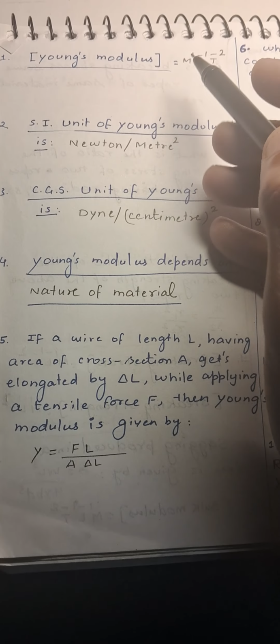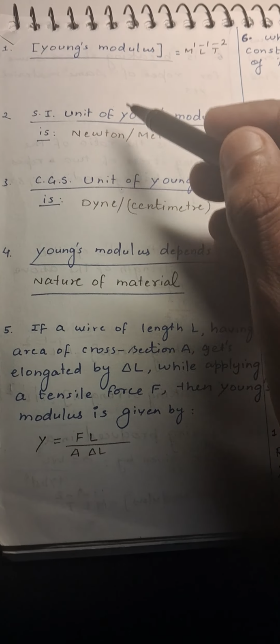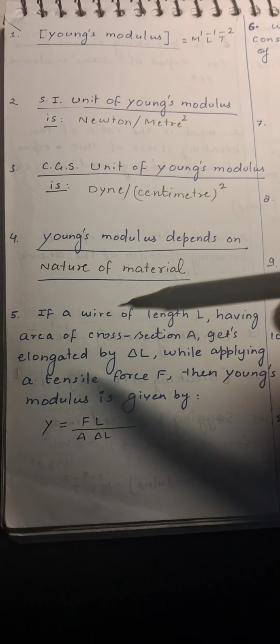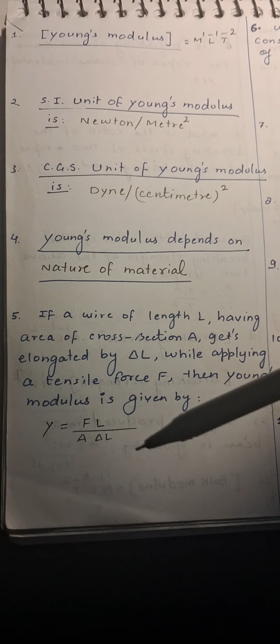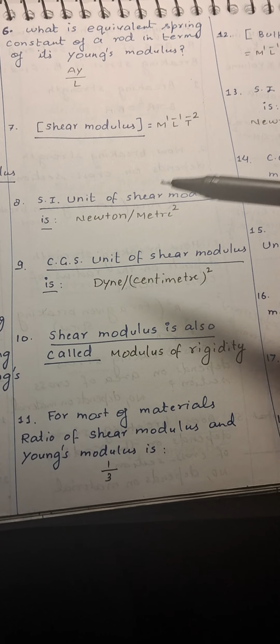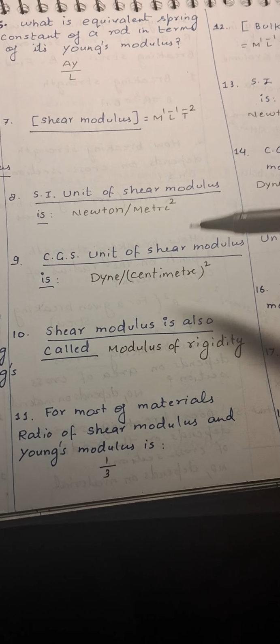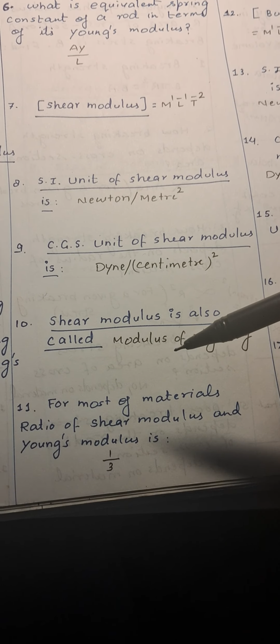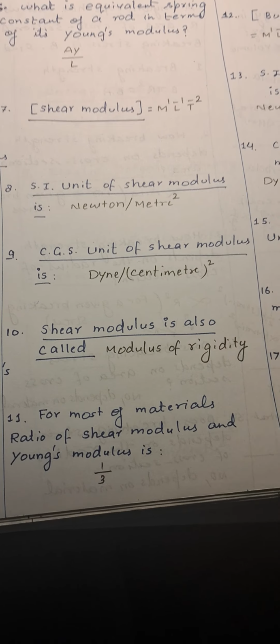Then we have another question on Young's modulus dimension, SI unit, CGS unit, factors on which Young's modulus depends, various numerical calculations based on Young's modulus. Then certain questions on shear modulus, rigidity modulus, for most of the materials, relation between shear modulus and Young's modulus.